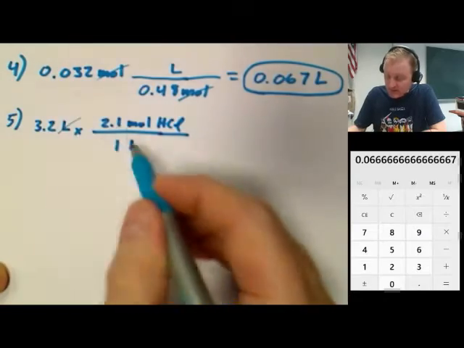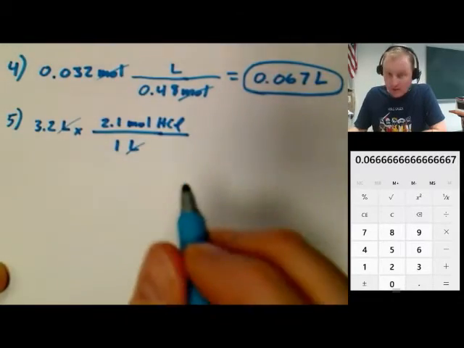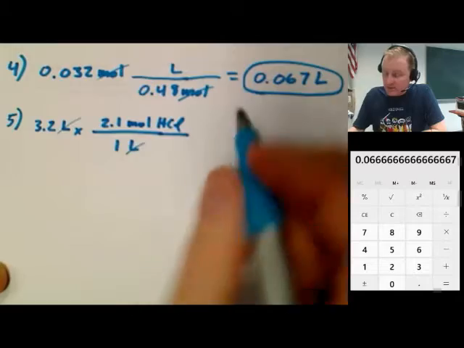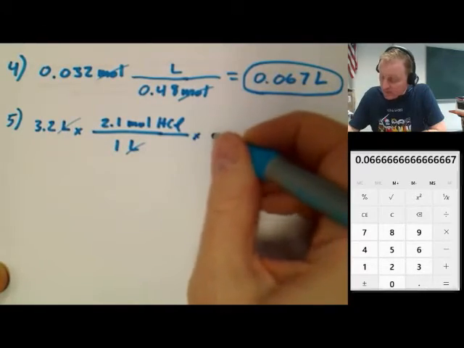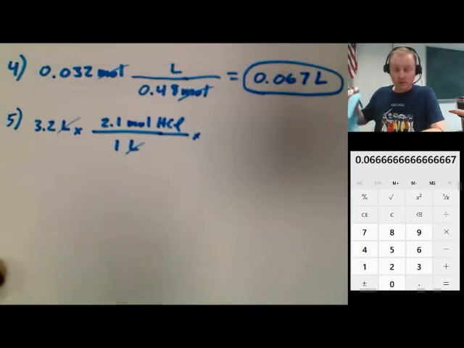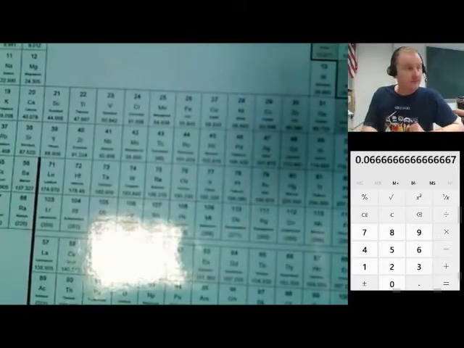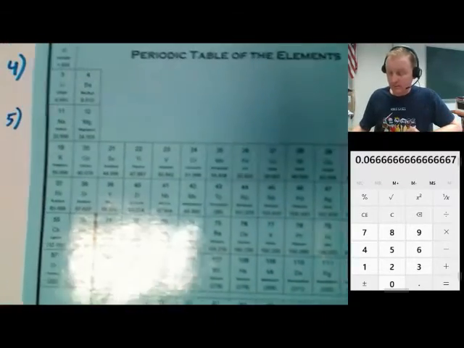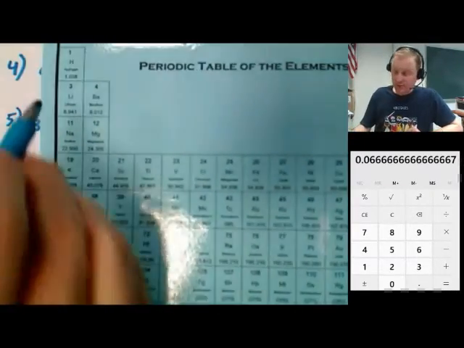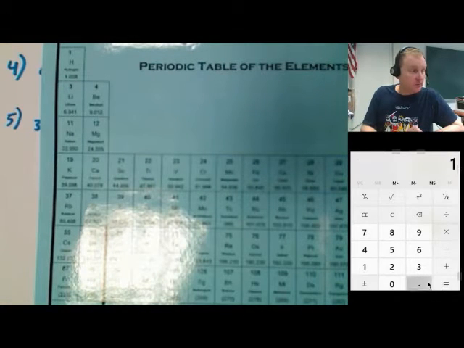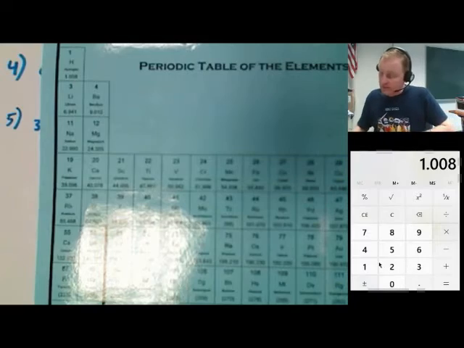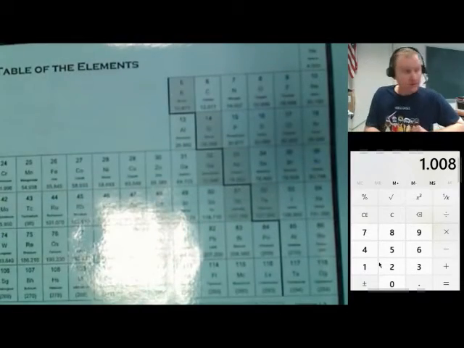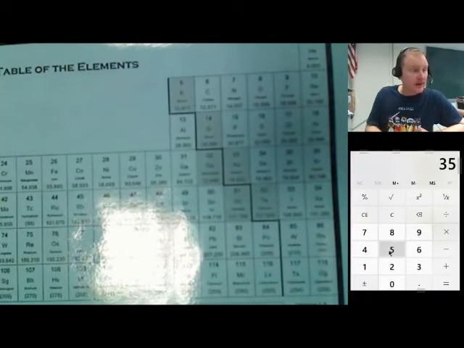So my liters cancel. And now I'm in moles of hydrogen chloride, but I'm going to go one step further, and let's convert moles into mass. So hydrogen over here is 1.008 plus chlorine, which is 35.